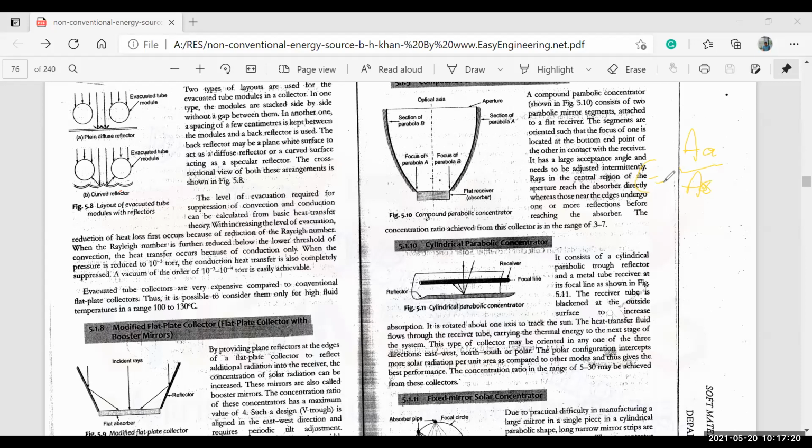So this aperture area is your entire segment. See, the entire segment is your aperture, and this is your receiver.